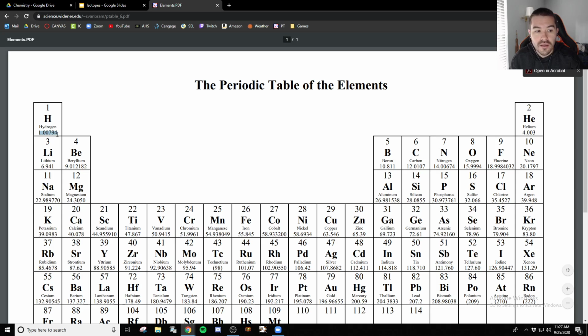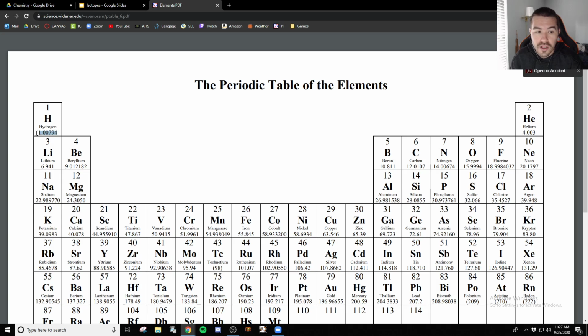They are not actual masses of isotopes. They're the average of all of the different isotopes. That's why they're those really long numbers with all those decimal places, okay? So whenever you're working on an assignment that has to do with isotopes, like today, you are never going to be looking at this number.